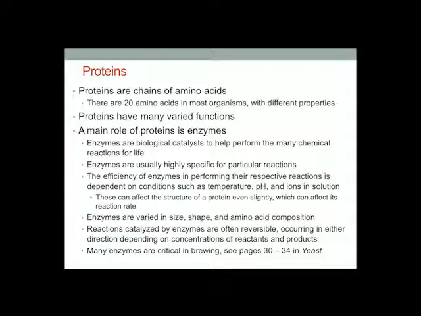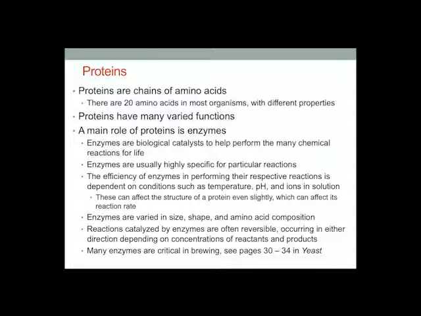They don't necessarily perform just one exact chemical reaction, but they usually have a high specificity for the chemicals they work with. That specificity, as well as their efficiency and ability to work, comes from their particular structure, their shape.